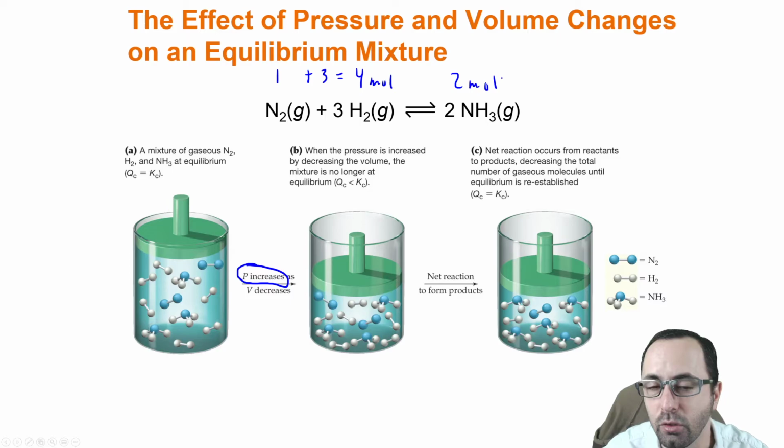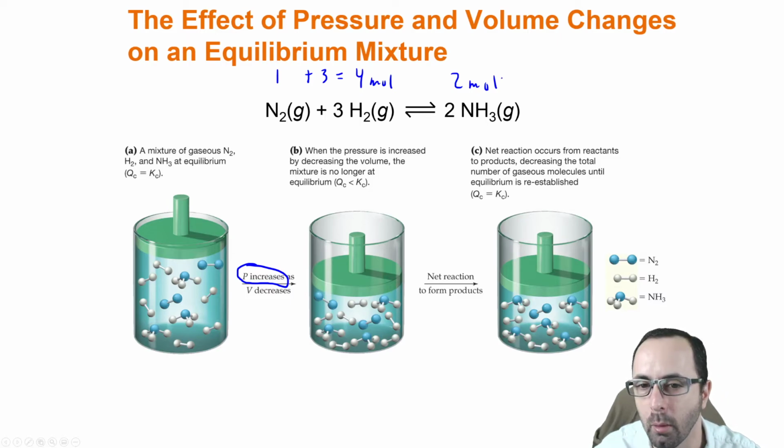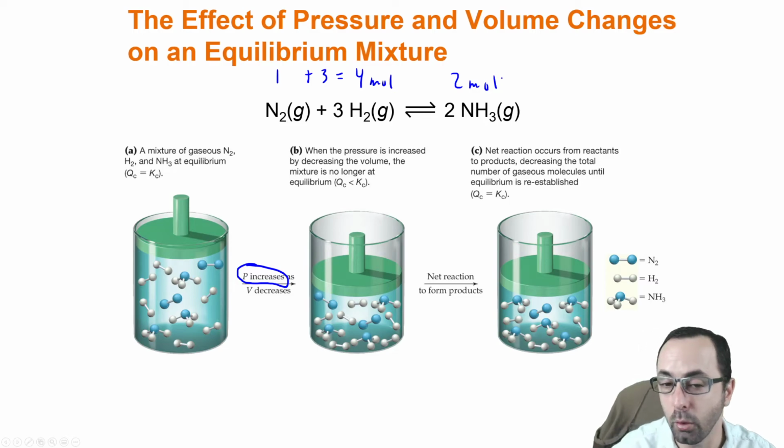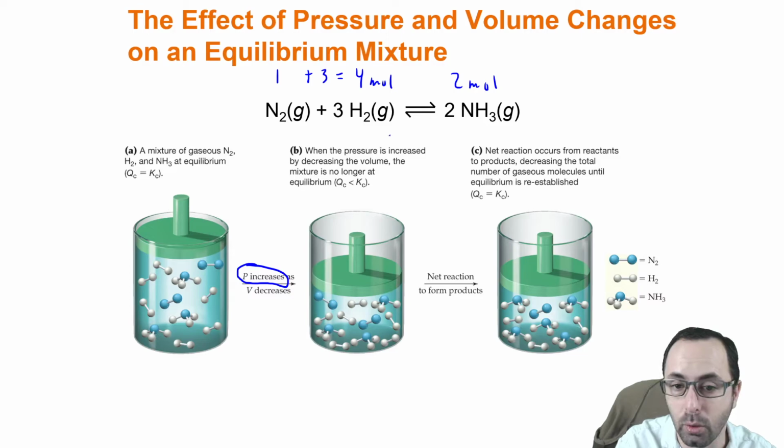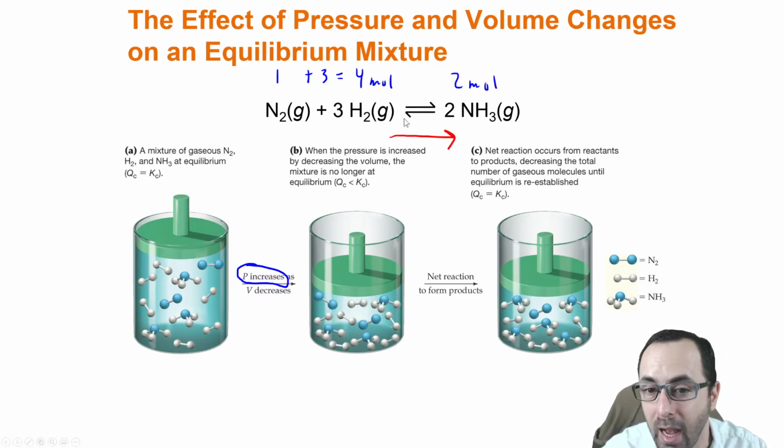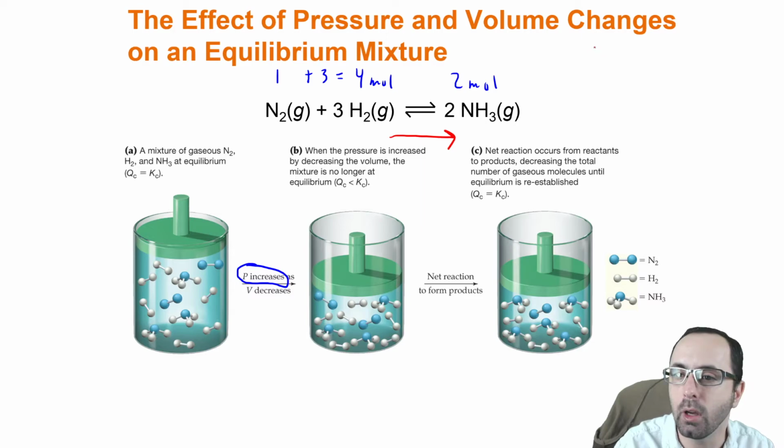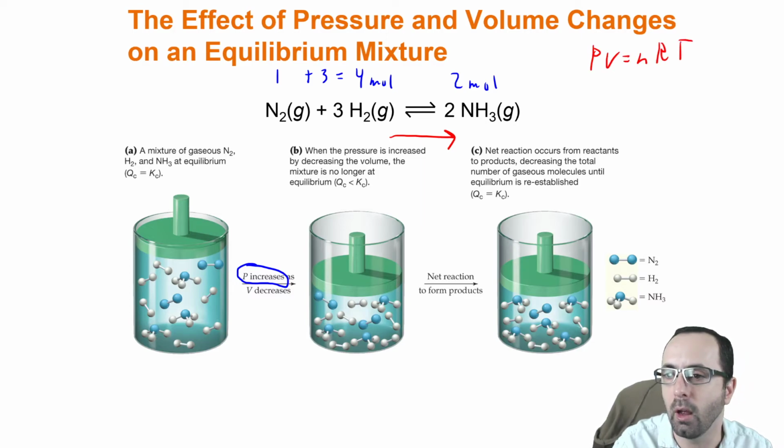So the reaction is going to shift in the direction that reduces the number of moles of gas if you increase the pressure. So we increase the pressure, and this reaction is going to shift to the right, because when it goes forward, it goes from more moles of gas to fewer moles of gas. And you guys know PV equals nRT, right?